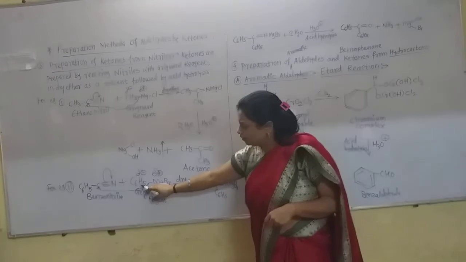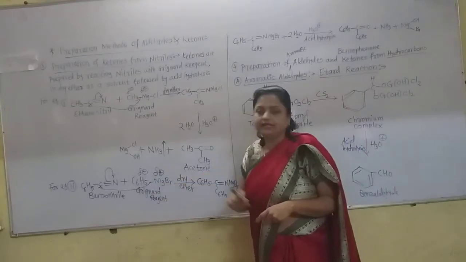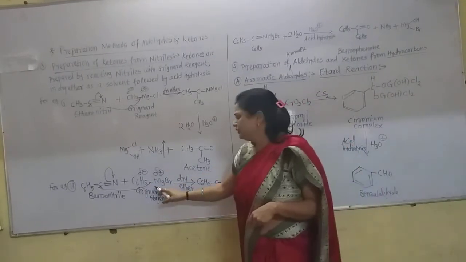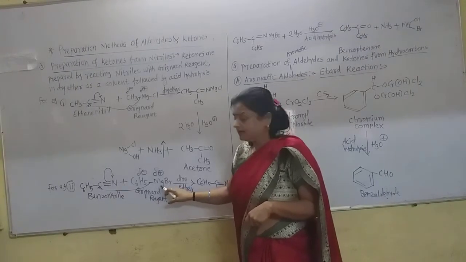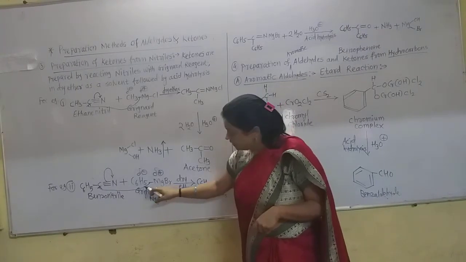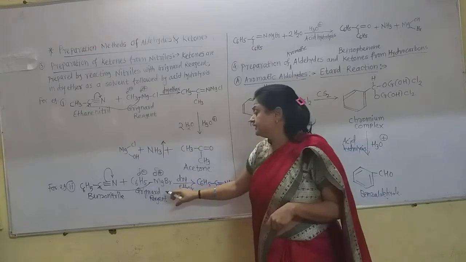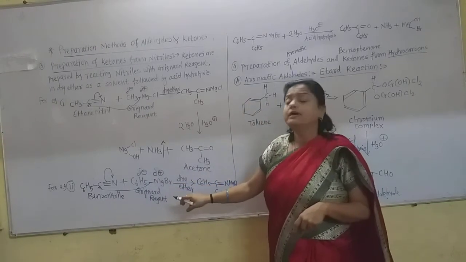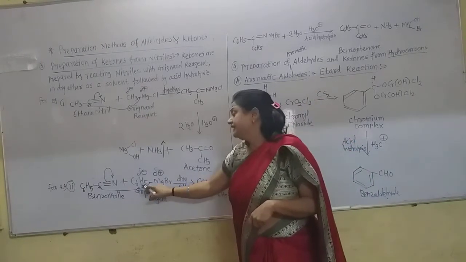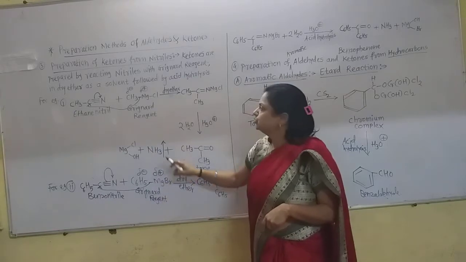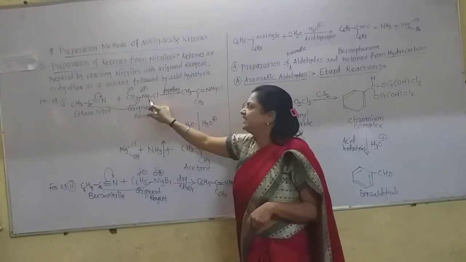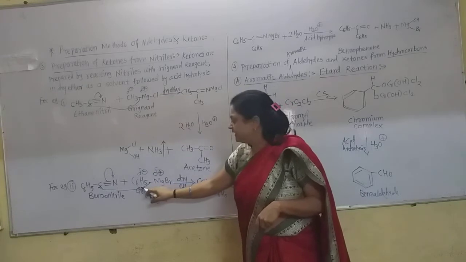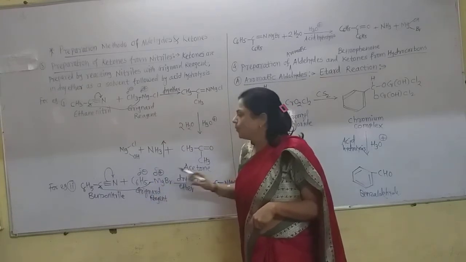The alkyl group is replaced by the phenyl ring C6H5, and you can take any halide, and magnesium is compulsory. So C6H5MgBr is the Grignard reagent. What is the name of this Grignard reagent? Phenyl magnesium bromide. Earlier it was methyl magnesium chloride, and this is phenyl magnesium bromide.